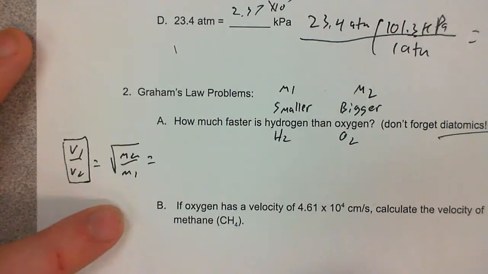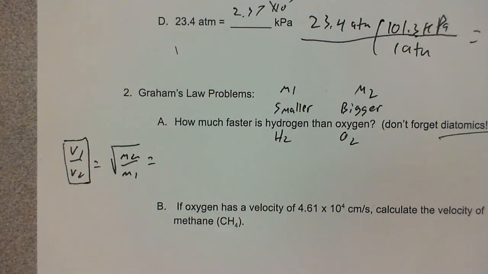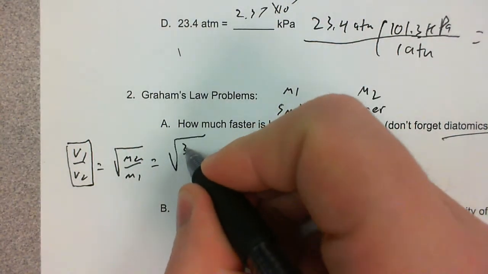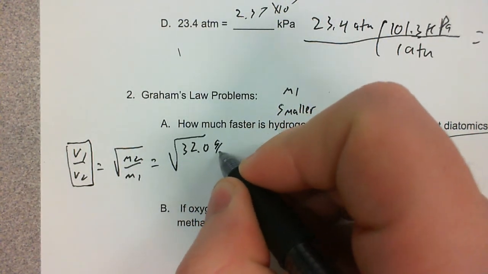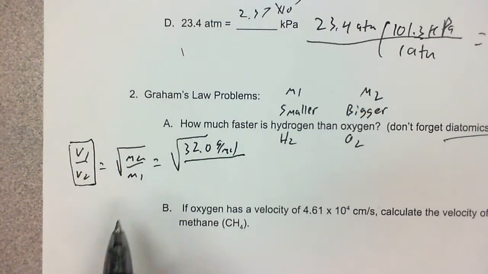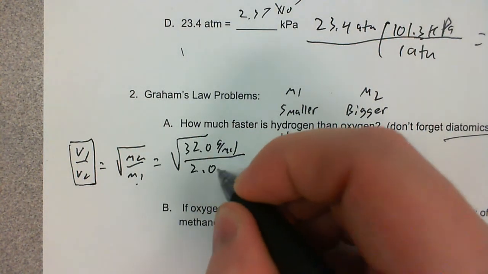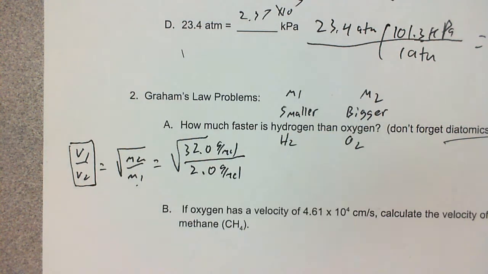So where do I find the masses? From the periodic table. Oxygen's is 16, but there are 2 of them, so it's 32.0. So the square root of 32.0 grams per mole over M1, which is hydrogen, 2.0 grams per mole.